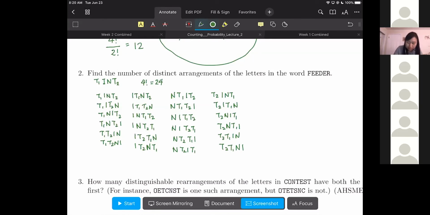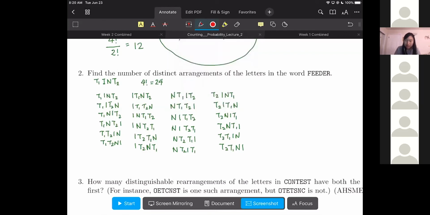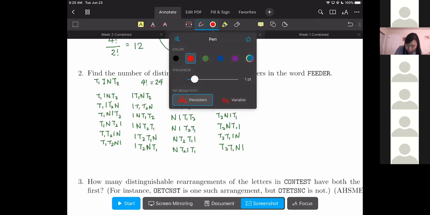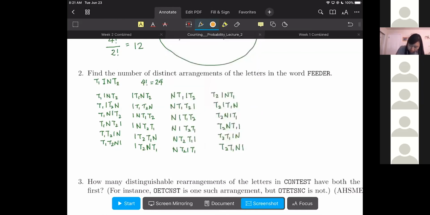Okay. So now we can take a look at what we're overcounting here. For example, I'm going to circle a couple that are the same. So for example, TINT is being counted twice, here and here. Another example is TITN, counted twice here.